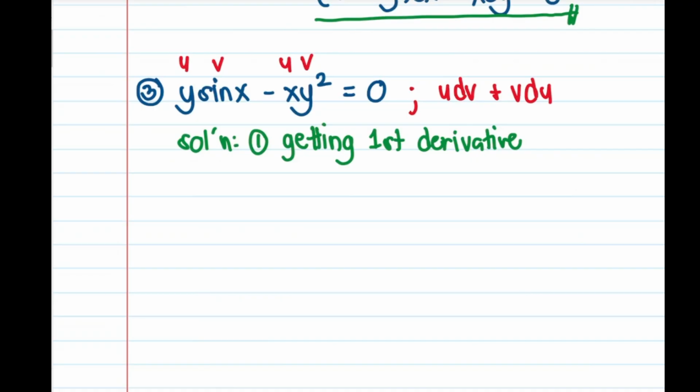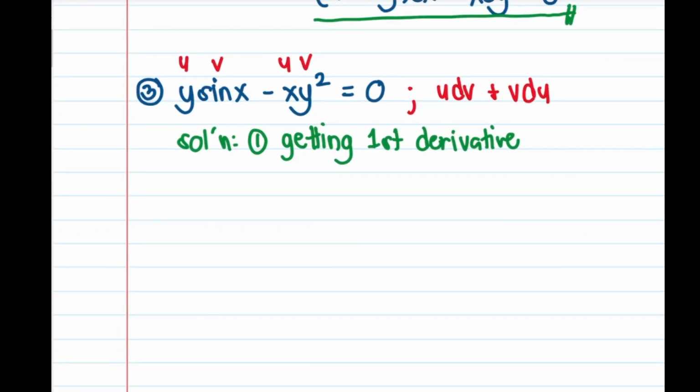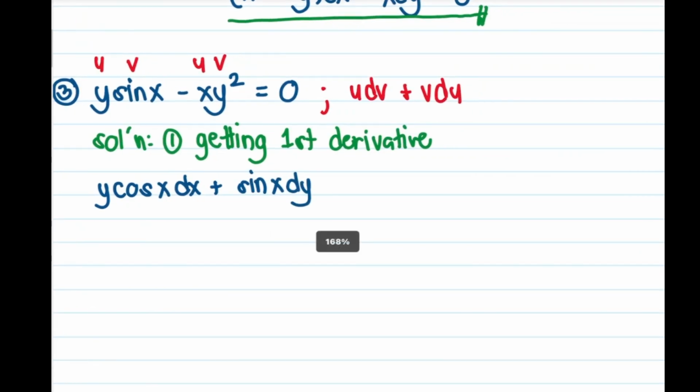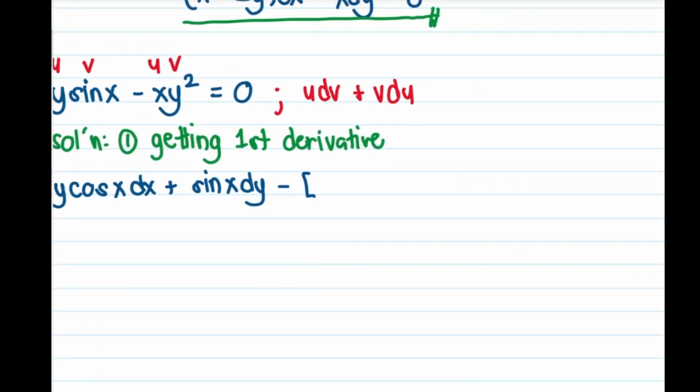So let's obtain the first derivative. First, let's copy that, y. Then the derivative of sine x is cosine of x dx. So y cosine x dx. Then the other one plus v, let's copy sine x. Then the derivative of y is dy, sine x dy, minus the derivative of this equation.